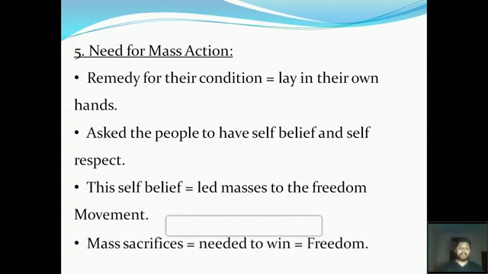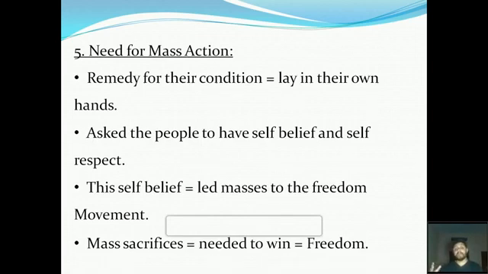So finally, what had happened? Mass sacrifices were needed to win freedom. People realized, in the history of India also, we have seen a huge number of sacrifices by the people of India. The Jallianwala Bagh tragedy.